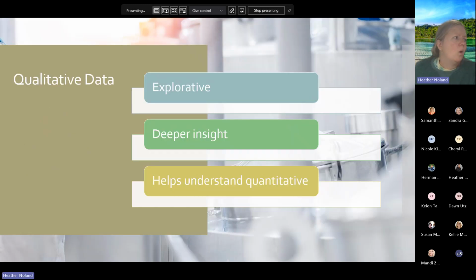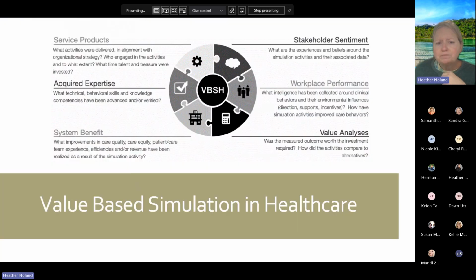And so while we have that quantitative data, let's take a look at qualitative data for a minute, because they both have value. They both have their place. And so qualitative data is more explorative. It will often give you deeper insight to your quantitative data, helping you understand that data a little bit more.